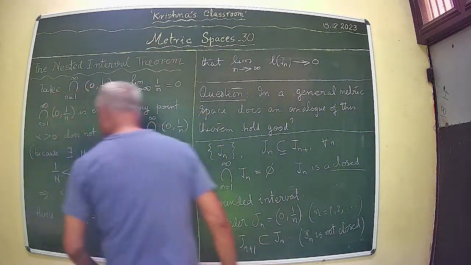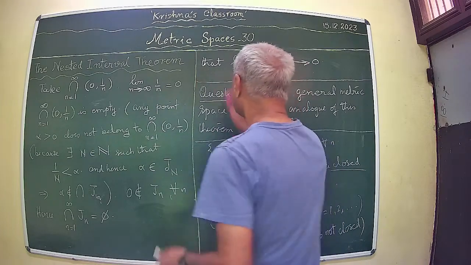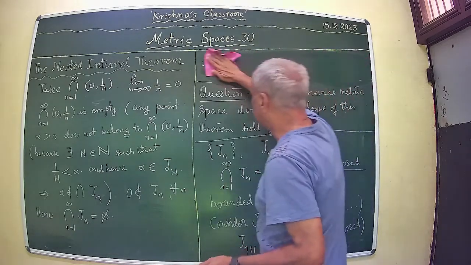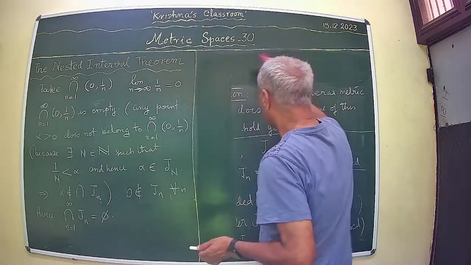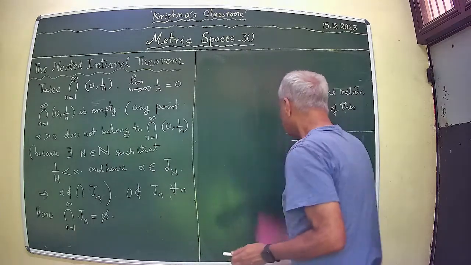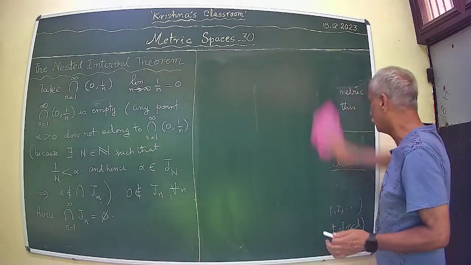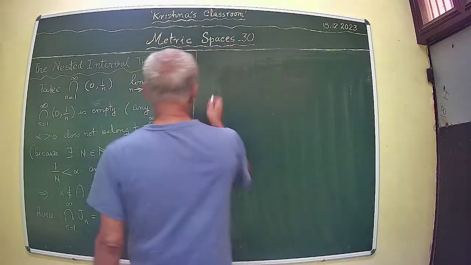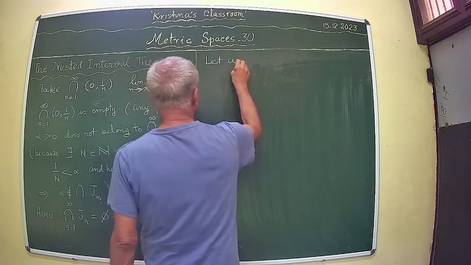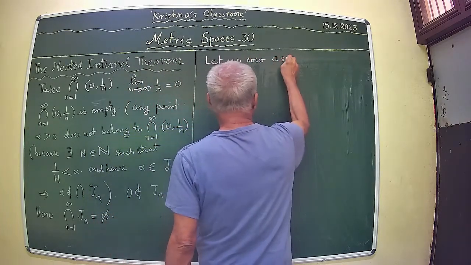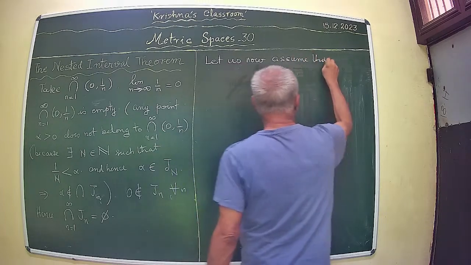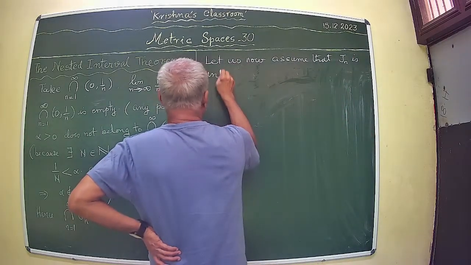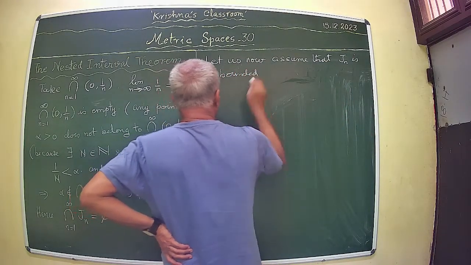Now let us take the boundedness. So let us take unbounded intervals, and maybe closed.